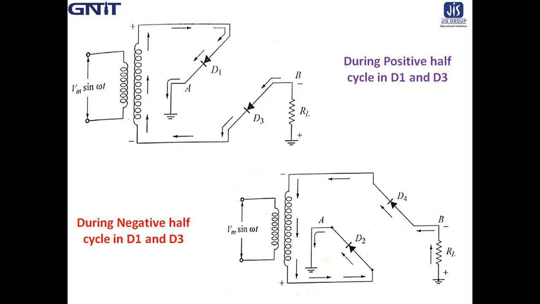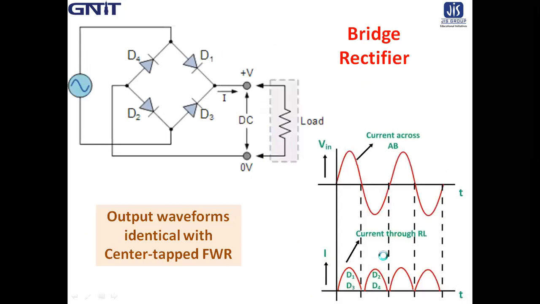The current flow is shown here also through a solid line. This line indicates the current flow. And again, current flows from A to B through the load, in the same direction as for the positive half cycle. Hence, unidirectional or DC output is obtained across the load RL. See, here also during the negative half cycle of the input signal, we get the current due to D2 and D4.